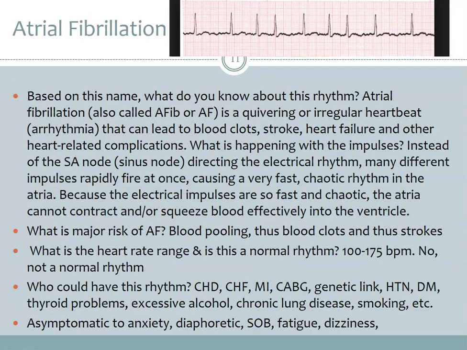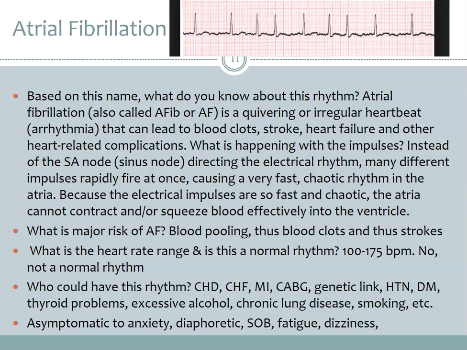Next, we're going to look at atrial fibrillation, and the EKG or ECG strip is above. Based on the name, what do you know about this rhythm, atrial fibrillation? Well, it means that it's quivering, right?